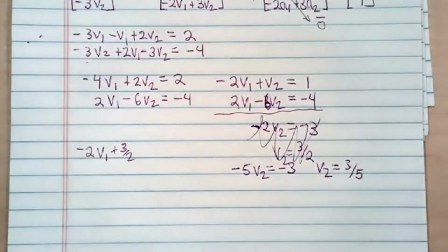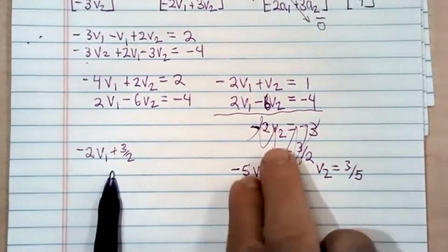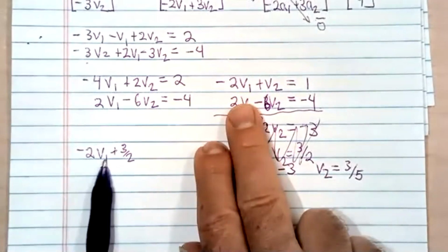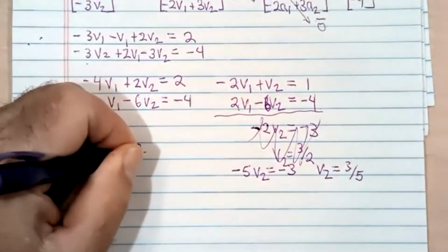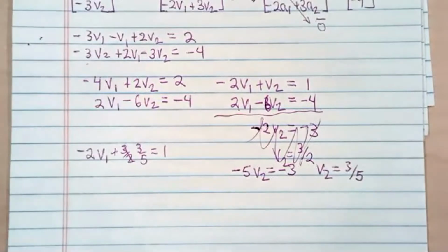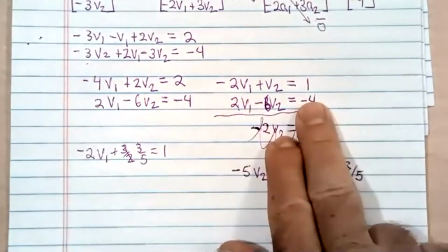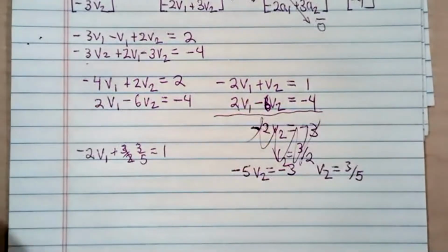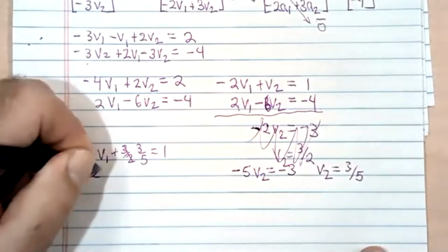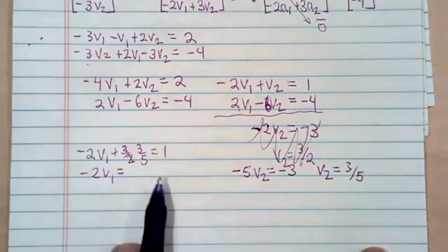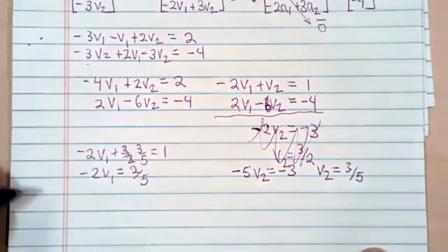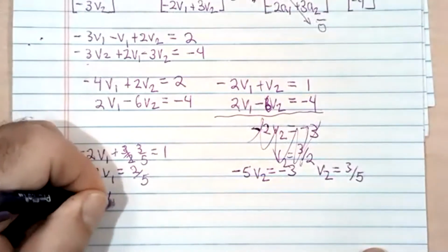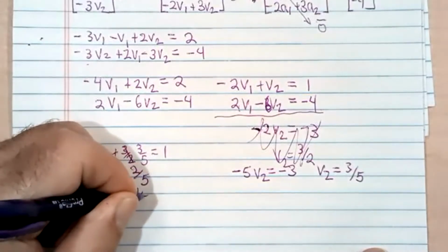So v2 equals 3/5. And now I think we have 2v1 plus 3/5 equals 1. I'm working from this equation here. So minus 2v1 equals 5/5 minus 3/5, which is 2/5. Dividing through by minus 2, v1 equals minus 1/5.